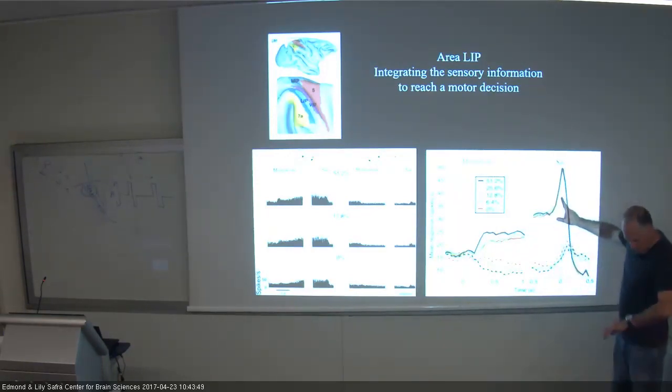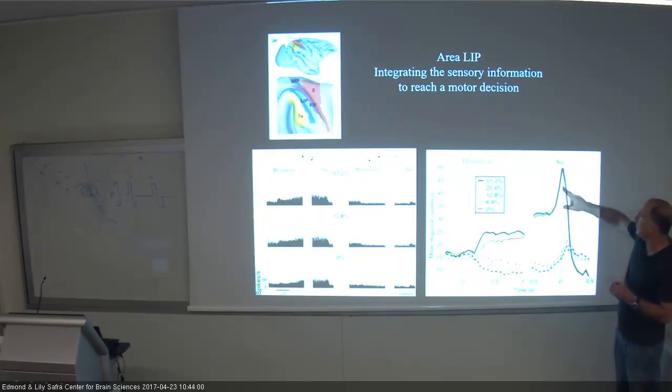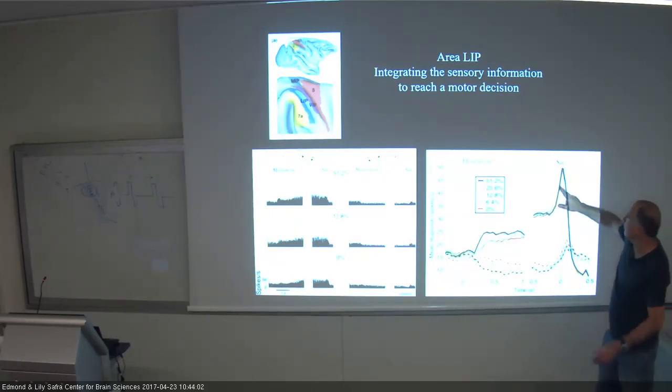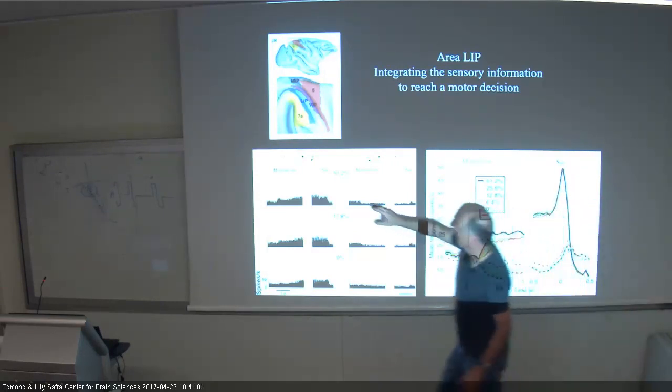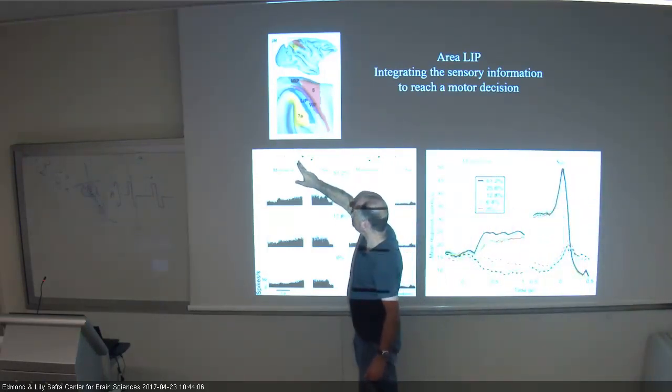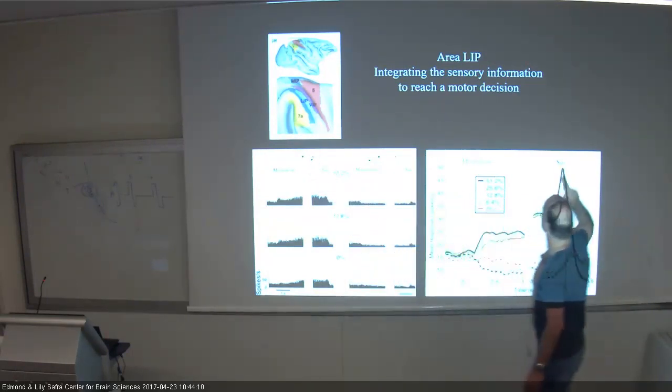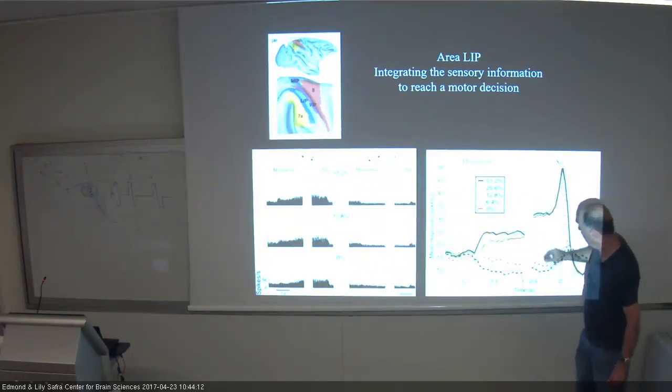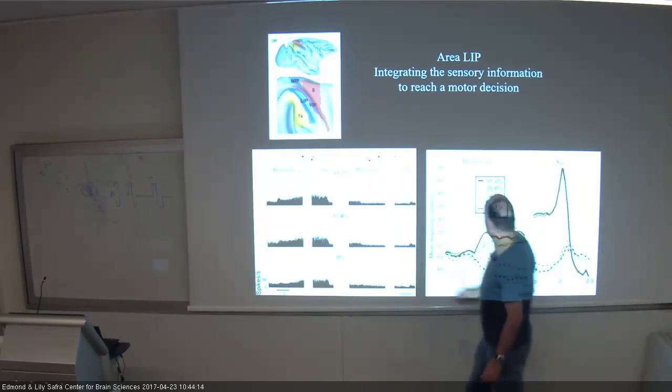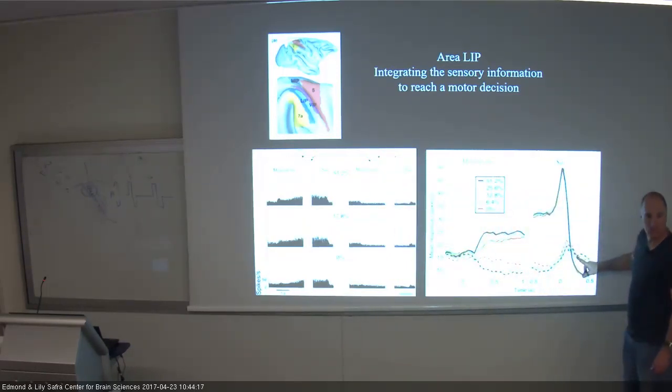Now look here. Here we show the response of that cell during a saccade. Okay, so these cells are not just sensitive to the sensory stimulus; they're also motion sensitive. So here's a saccade being made to the preferred direction, you get a strong response. If a saccade is being made to the opposite direction, this way, there's much less of a response.